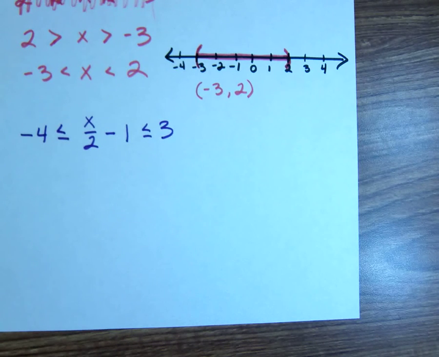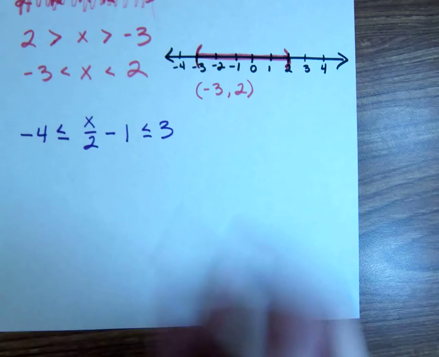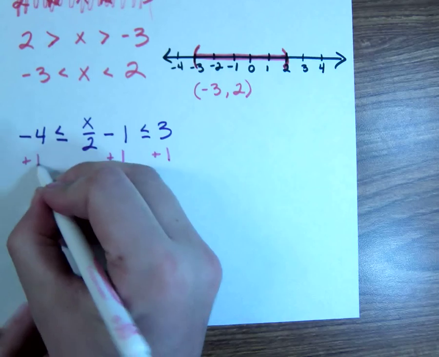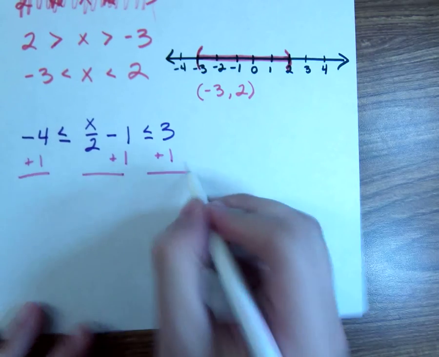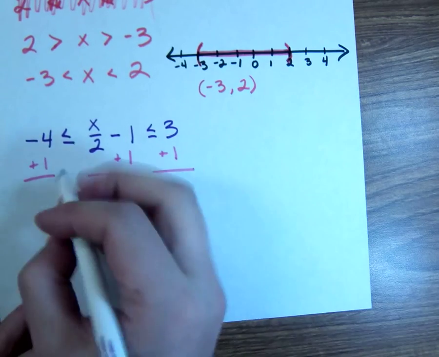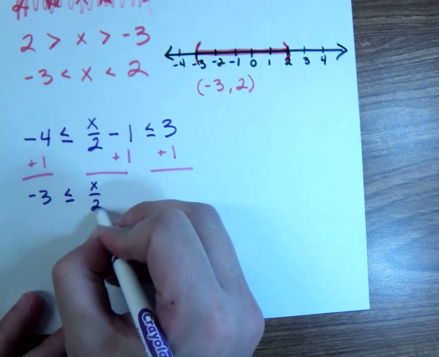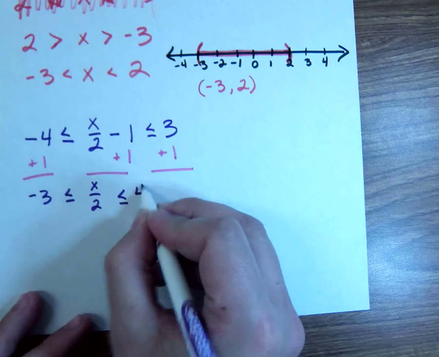All right. Well, the first step is obvious. We got to add 1. Is it obvious? If you know nothing else about this problem, you should at least get the add 1. Like that.